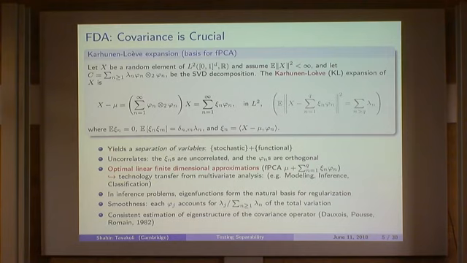And this sum has the following property. Among any finite rank sum that minimizes the squared distance with respect to X, the optimal such sum is the truncation of this term. And the mean square approximation error is given by the sum of the tail of the eigenvalues of the covariance.